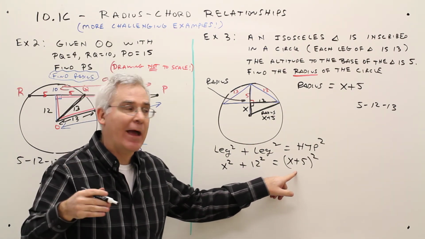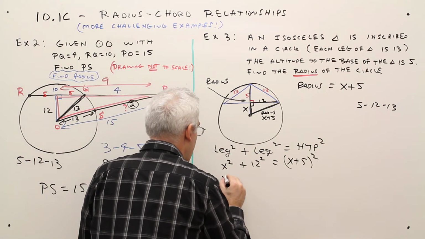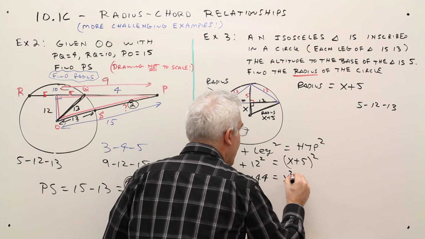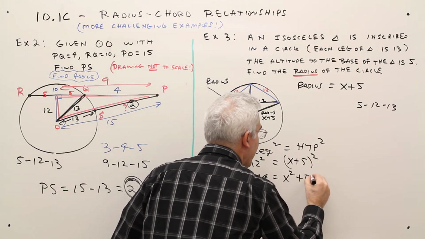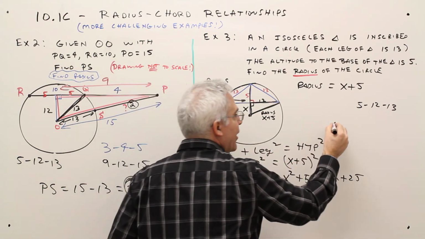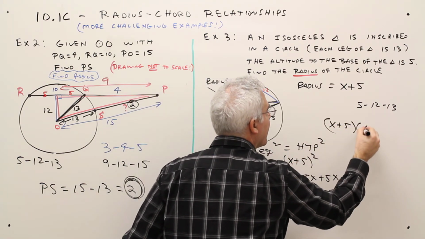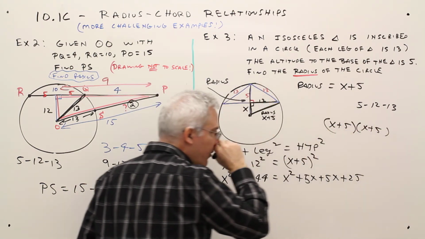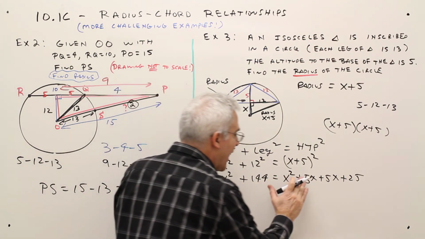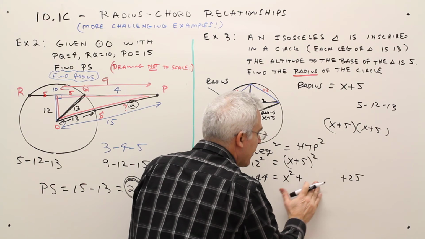You gotta FOIL it out. x squared plus 144 equals x squared plus 5x plus 5x plus 25. Again, it was just x plus 5 times x plus 5 doing FOIL. And 5x and 5x is 10x. I'll just put that in there.